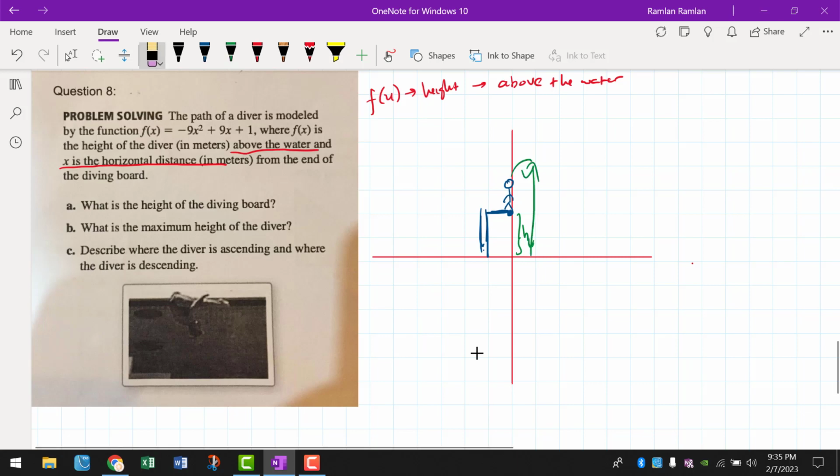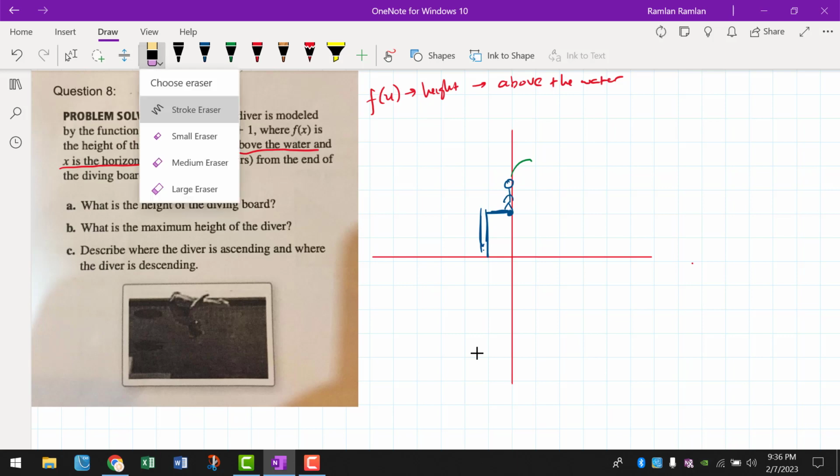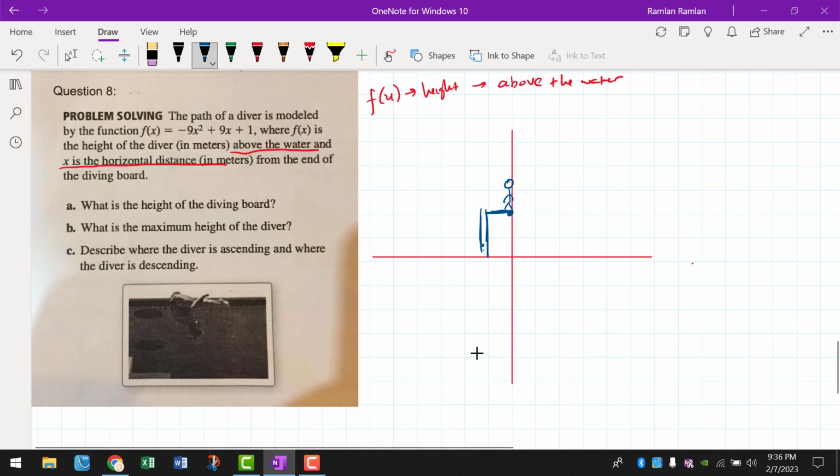So that's going to be the vertical distance from the board. So notice that the ground level, the point 0 comma 0, is actually the water level here. So this is water, and then it's above this board over here.